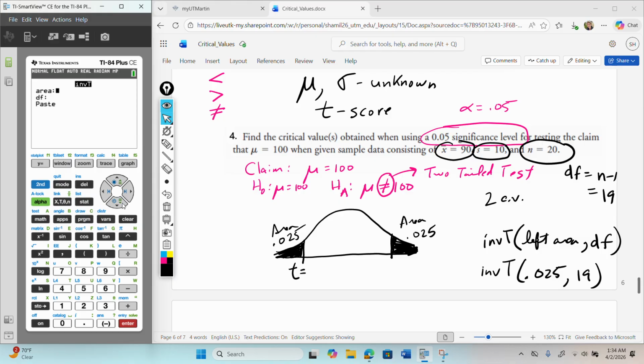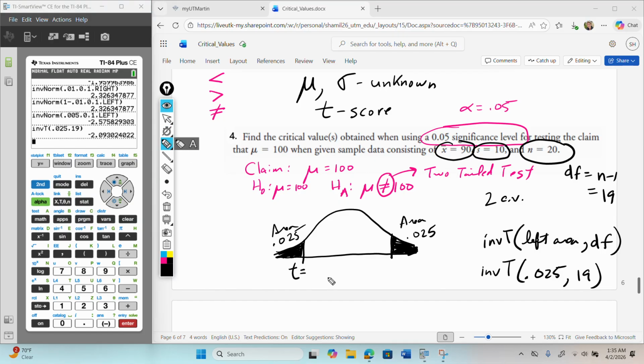There is no choice. Like with the inverse norm, you don't have the luxury of choosing. It wants the left area. So 0.025. And degrees of freedom are going to be 19. And so this t-score over here, this critical value, is going to be minus 2.093. And then by symmetry, my second critical value will be positive 2.093.